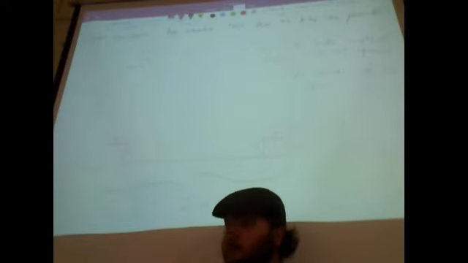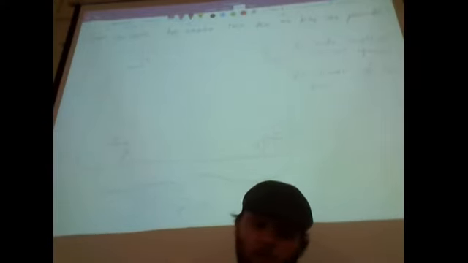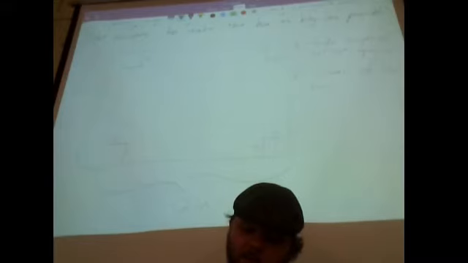Okay, yeah, and I put that down there, right? So 12 is the length of the side of the uncut tin sheet.